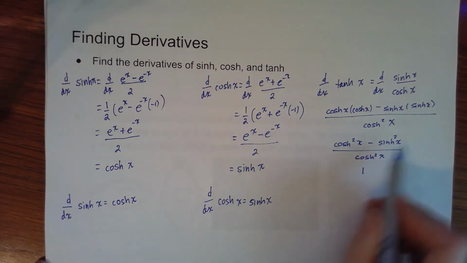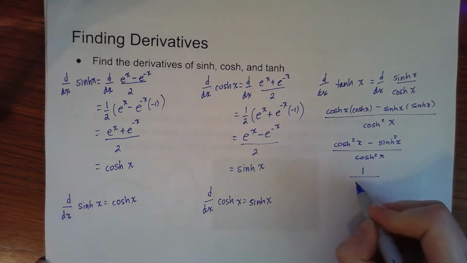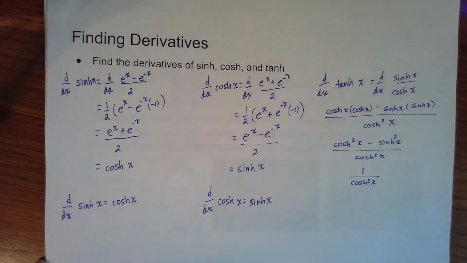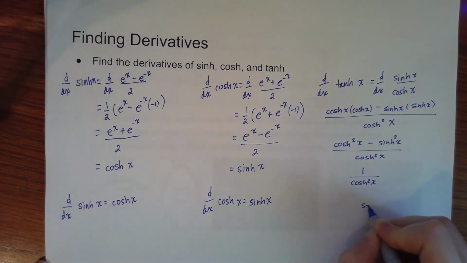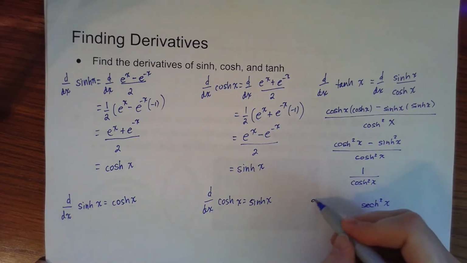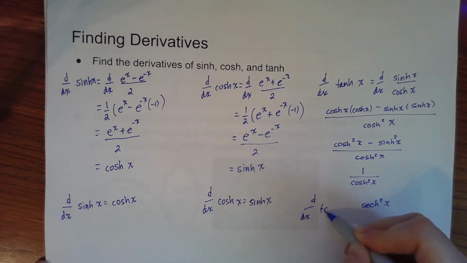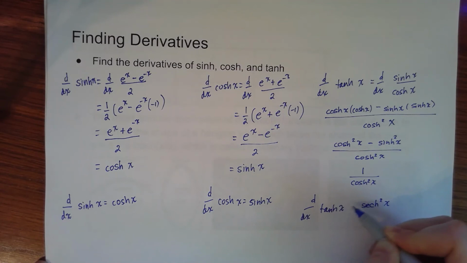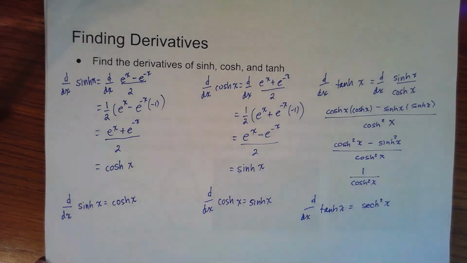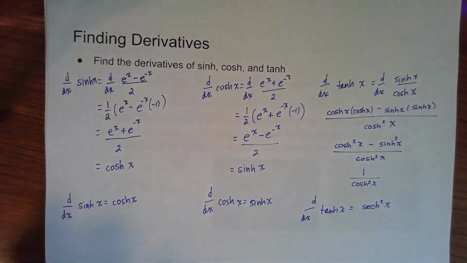There's a difference for the hyperbola. And so the derivative is then the hyperbolic secant squared. So the derivative of the hyperbolic tangent of x is equal to the hyperbolic secant squared of x. So again, we see very similar to what we saw with the circular tangent.